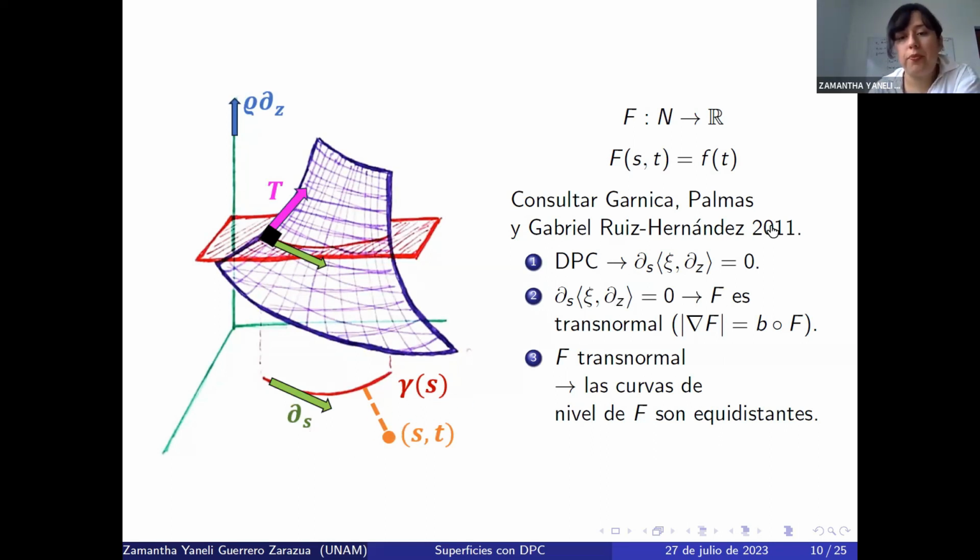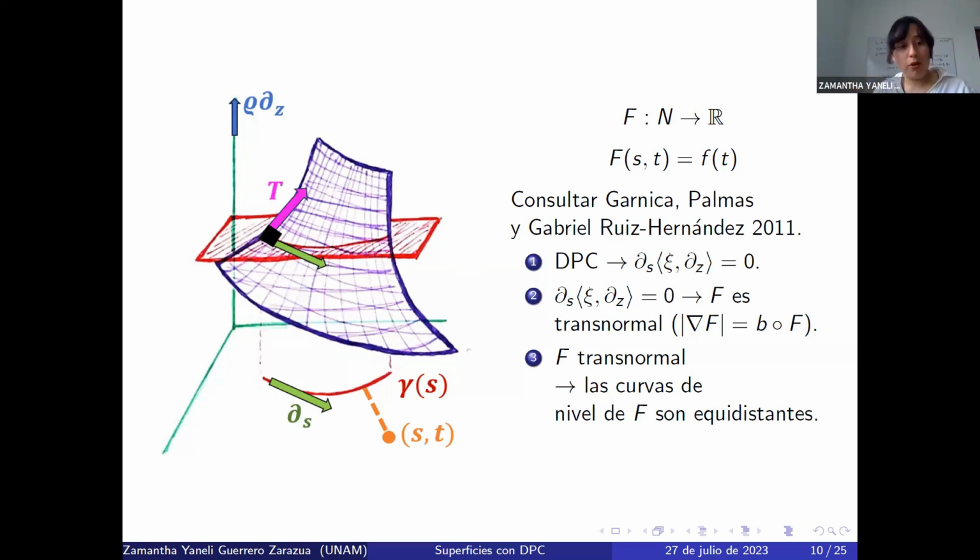So this is actually pretty easy to see why it's this way. And it was done by Garnica, Palmas, and Ruiz-Hernandez in 2011. You take the property that the surface has canonical principal direction to prove that it's going to keep the same angle along level curves. So, not exactly level curves, the lift of the level curves, but yeah.